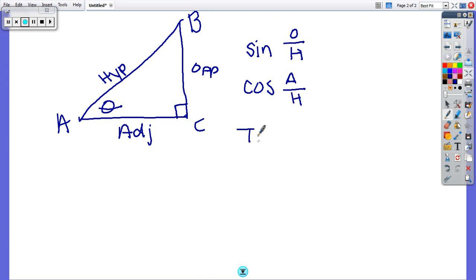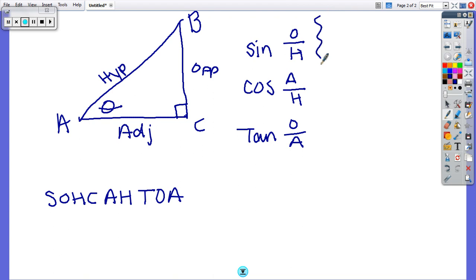And we have tangent, which is opposite over adjacent. This is where we get the SOHCAHTOA from. So sine is opposite over hypotenuse, cosine is adjacent over hypotenuse, and tangent is opposite over adjacent. SOHCAHTOA. If that helps you remember, fine. If you need to think of some other way, feel free to do that.